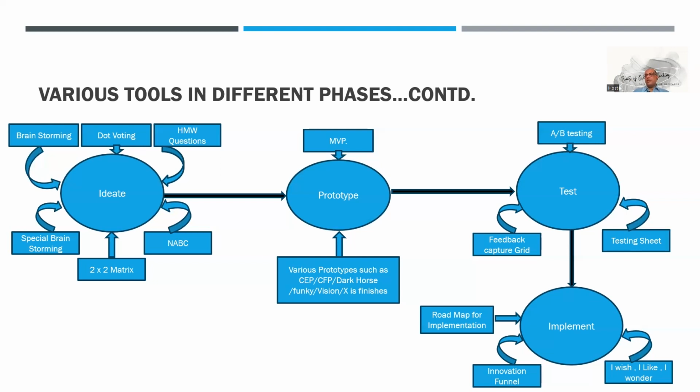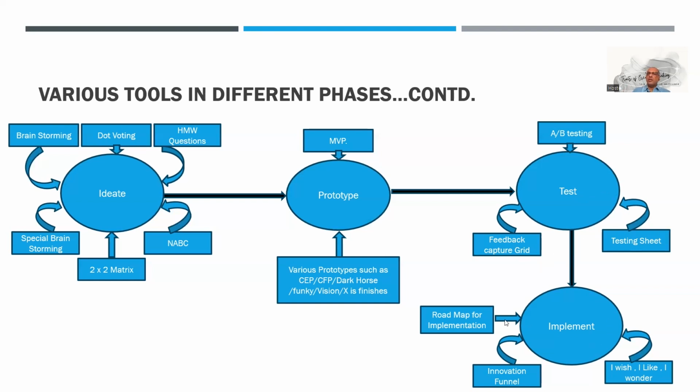We'll be discussing this at a later point of time, because that itself is a separate subject altogether. And test. In test, there are different tools: A/B testing, feedback capture grid, testing sheet.